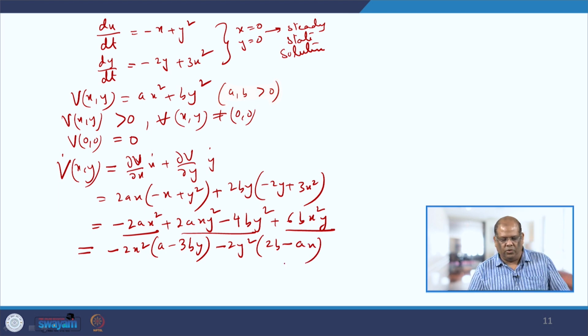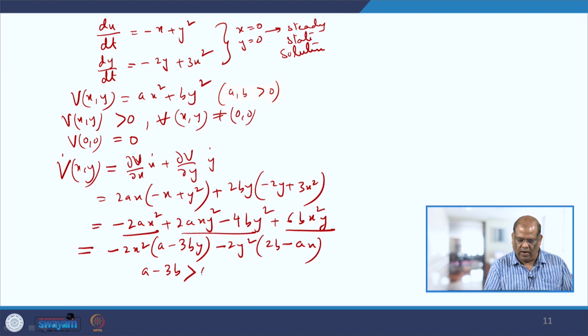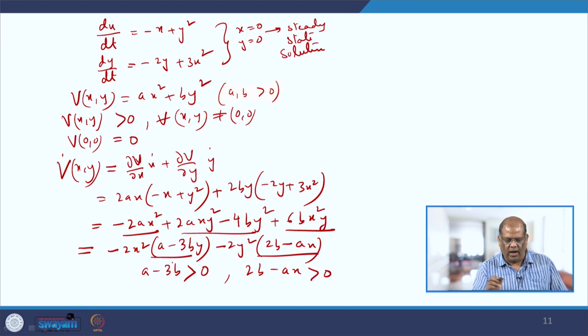The reason I choose minus is because I have to show this is less than or equal to 0. Now, if I want this to be less than or equal to 0, clearly I must have a minus 3by greater than 0 and 2b minus ax must be greater than 0. So, if these two are positive quantities, clearly then this will be less than 0.